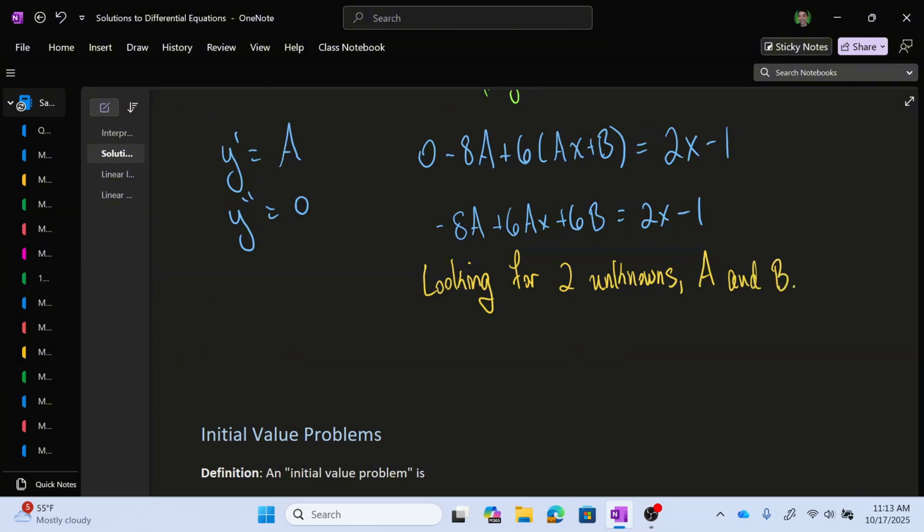And in order to find the values of two unknowns, you need to have two separate equations to form a system of equations that you can solve.